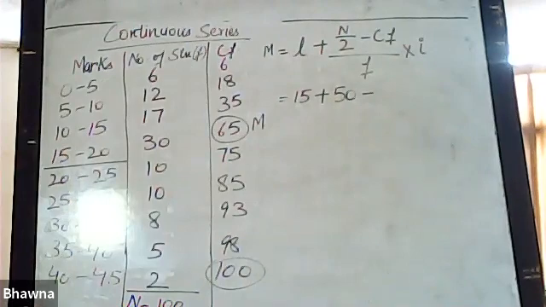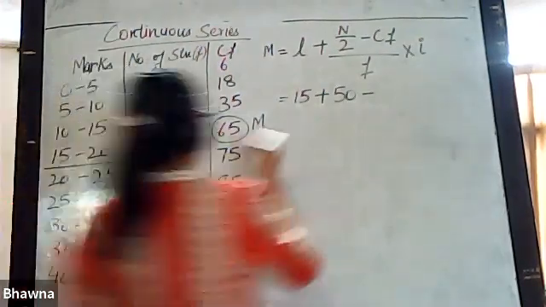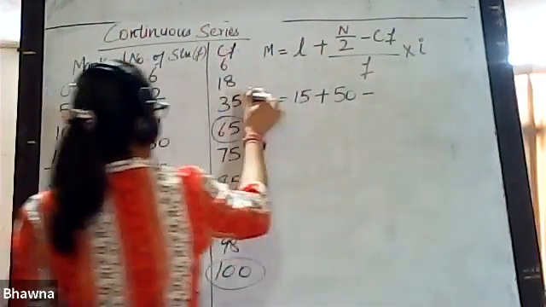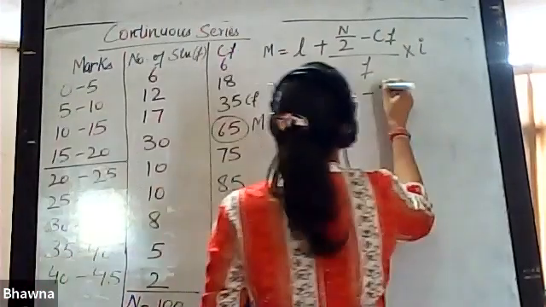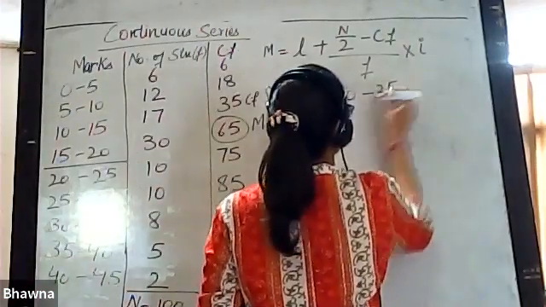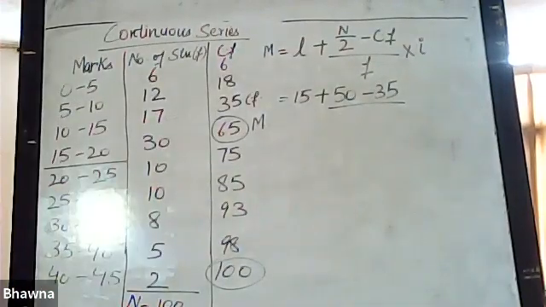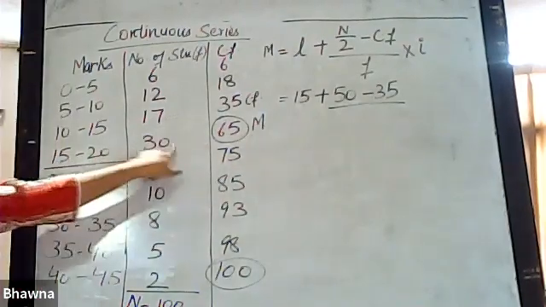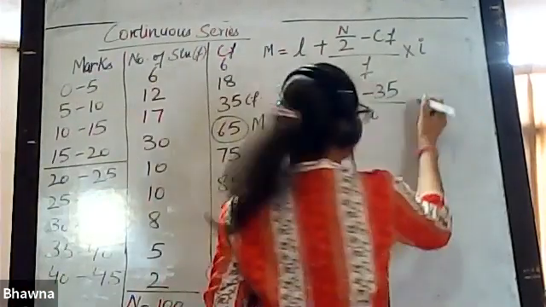The CF we take is 35, divided by f, the frequency opposite the class interval, into 5.